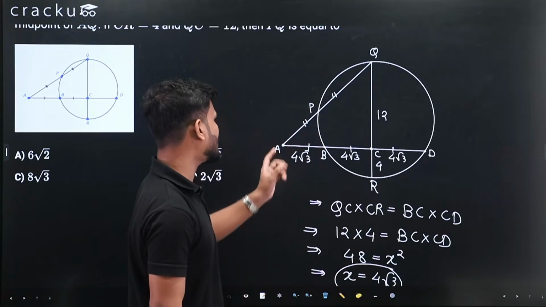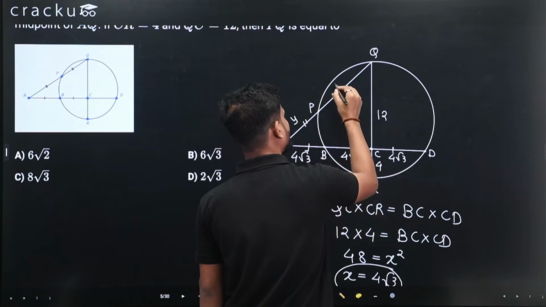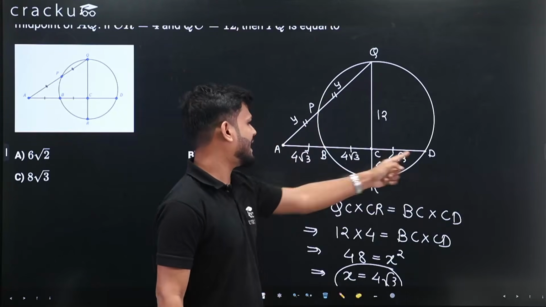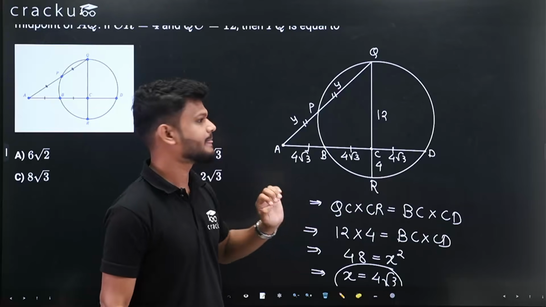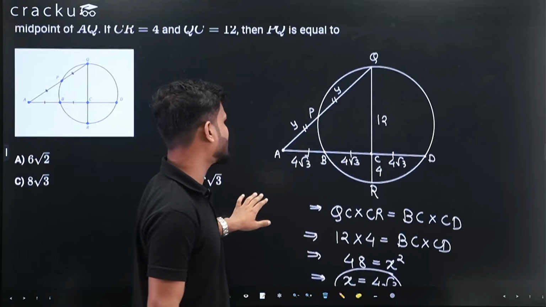Correct? Now AP is given equal to PQ. Let us say AP is Y, so PQ will also become Y. Now AQ and AD are the secants drawn from the same point A. So I can apply the secant theorem. What does it say?